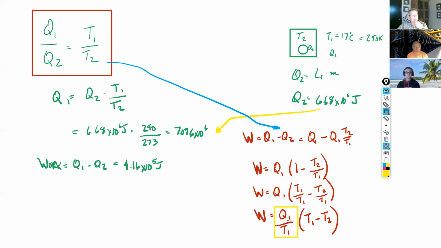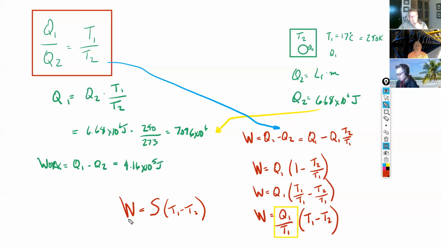The ratio of heat to temperature is what? The ratio of heat to temperature is entropy.